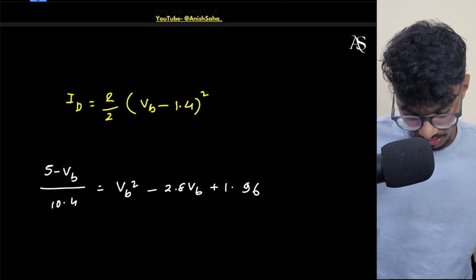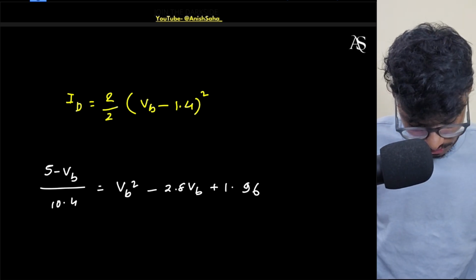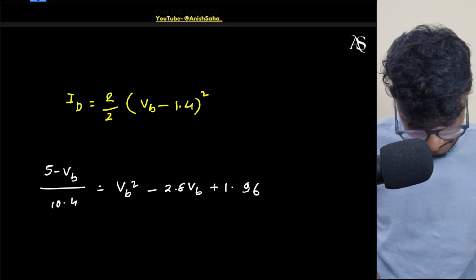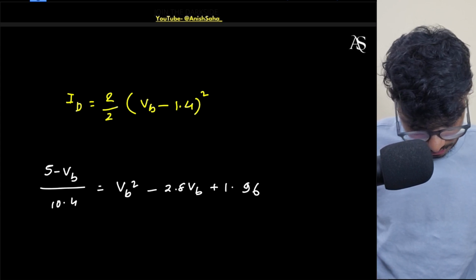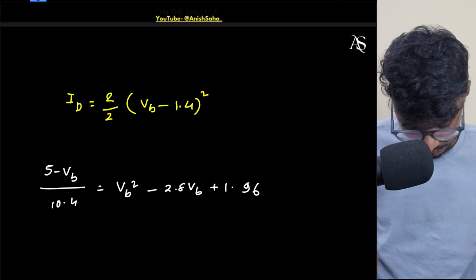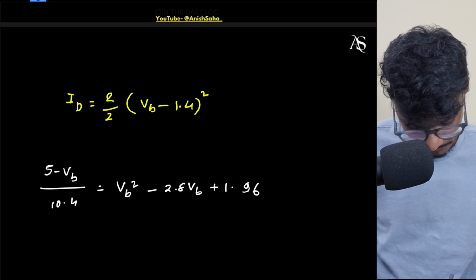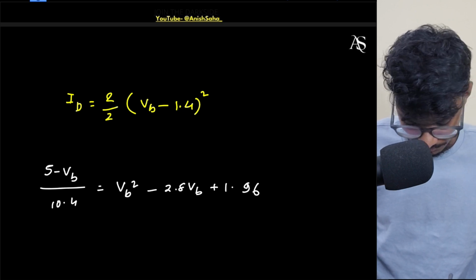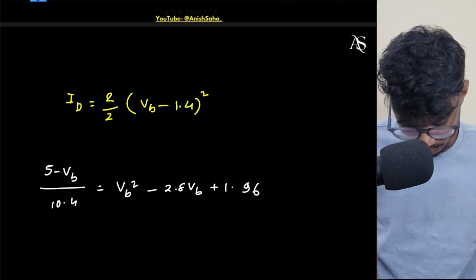Okay, so now I can simply do the calculations. So this will be 5 divided by 10.4, and that will go on that side.